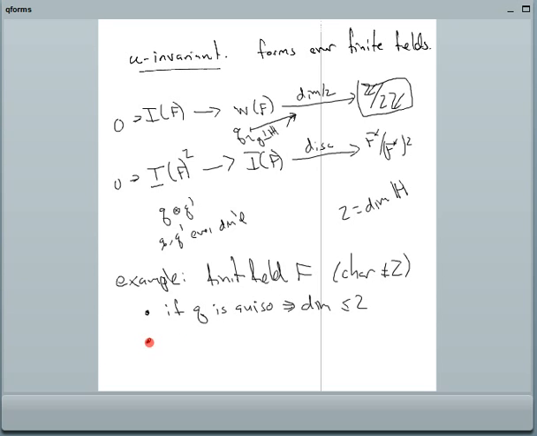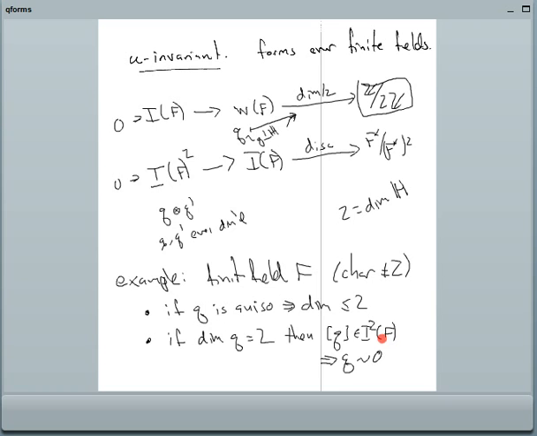Another thing that's true is that if the dimension of Q is equal to 2, then the class of Q being in the square of the fundamental ideal implies that Q is trivial.